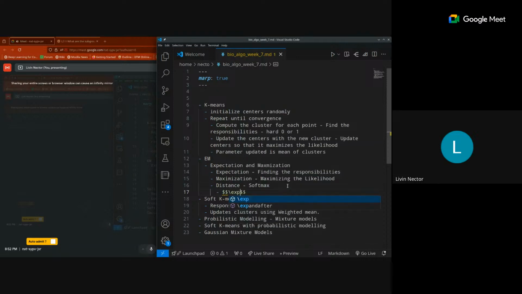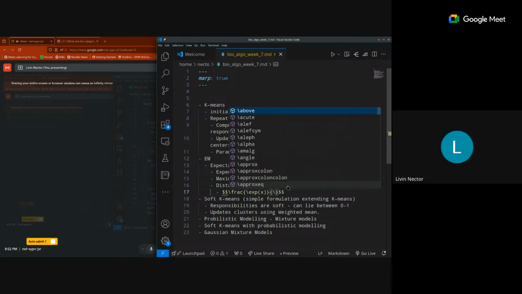Exponential of something, exp of x, with a summation.